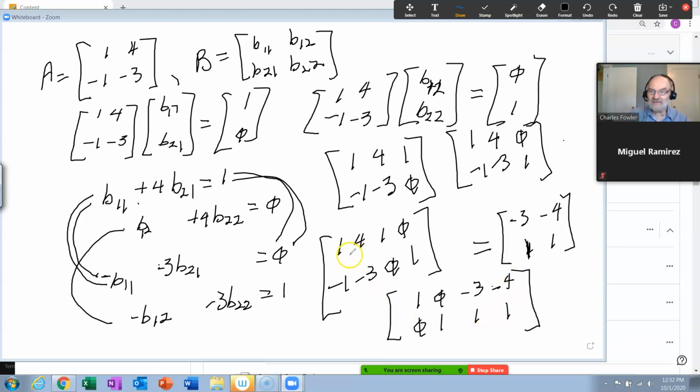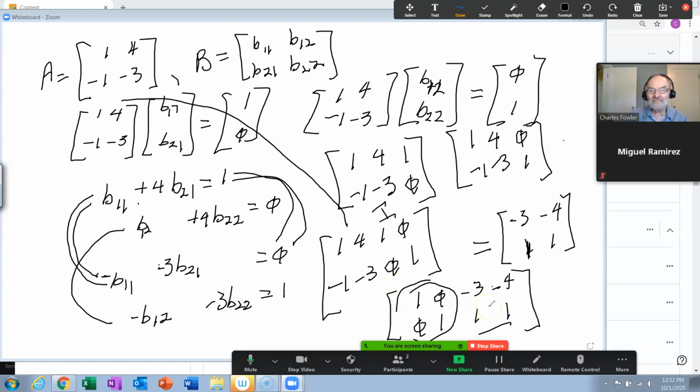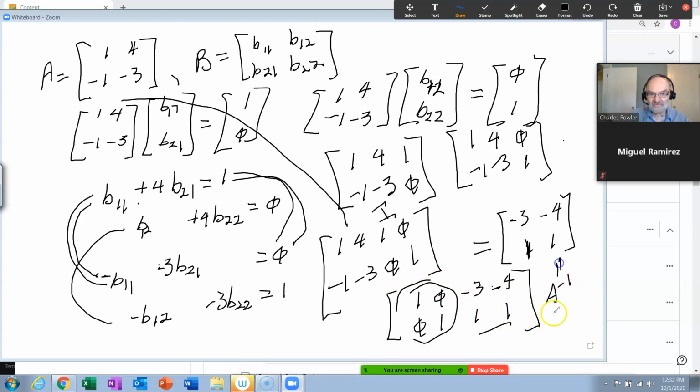So basically, if you start with your matrix A, augment it with your identity matrix of the right size, I sub n, do your row reduction on this, and when you do your row reduction, you're going to get that identity matrix here in front, and what you have instead of it, you're going to have A inverse. That's what this is. So that is a shorter method for finding an inverse.